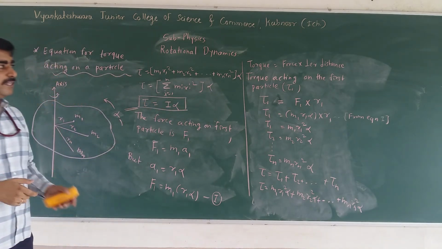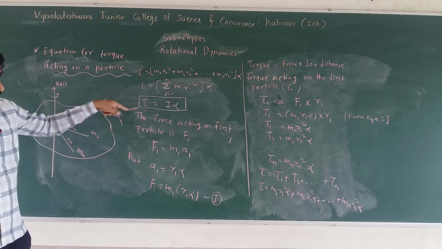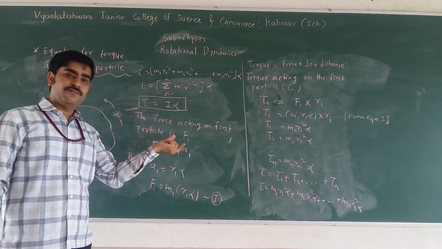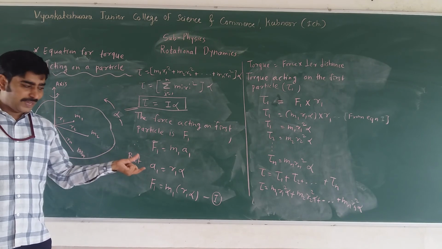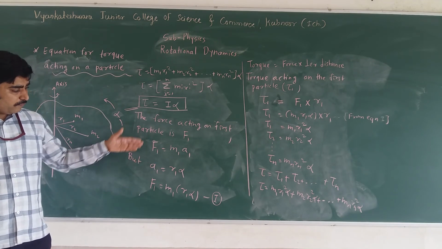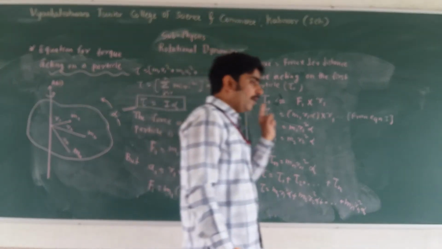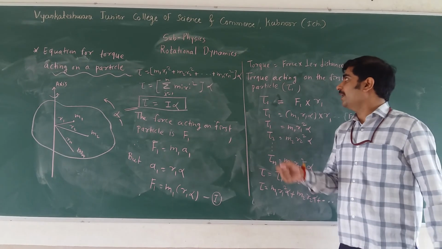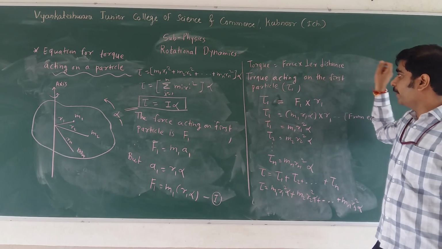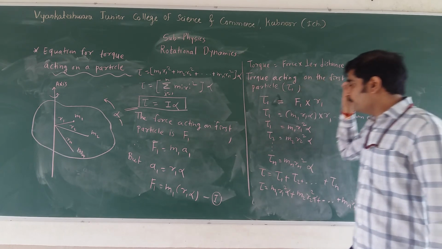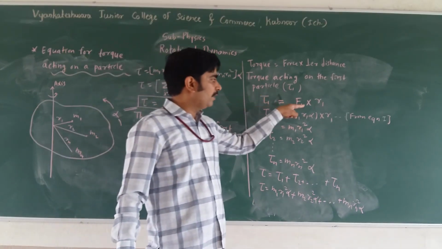Okay, I am going to explain this part once again. This is the total mathematical part. The force acting on the first particle is F1. F1 is equals to M1 A1. But what is the value of A1? A1 is equals to R1 alpha. So F1 is equals to M1 R1 alpha, equation number 1. Now we have to determine the equation for the torque acting on the particle. Torque is equals to force multiplied by the perpendicular distance. So torque acting on the first particle is tau 1, which is equals to F1 multiplied by R1.